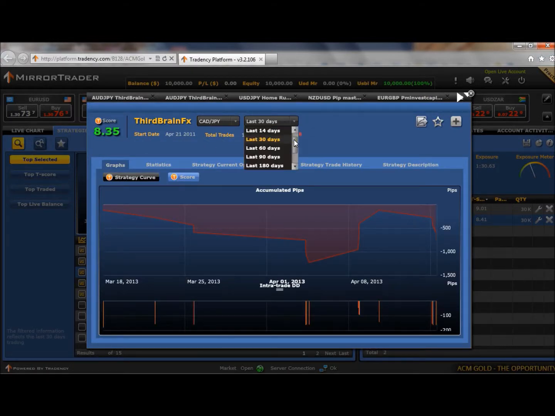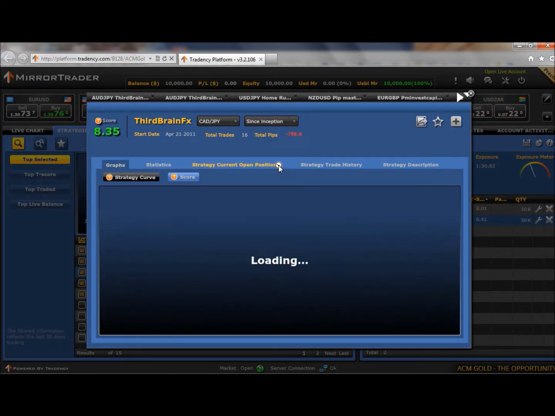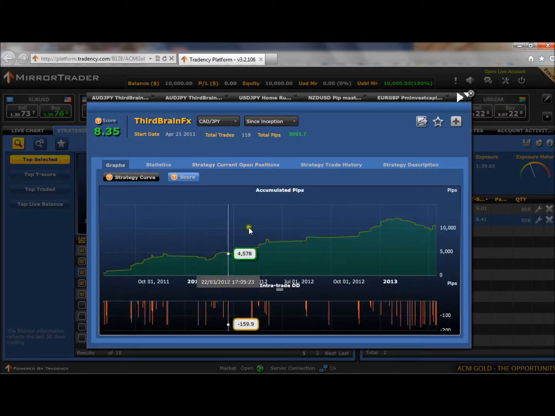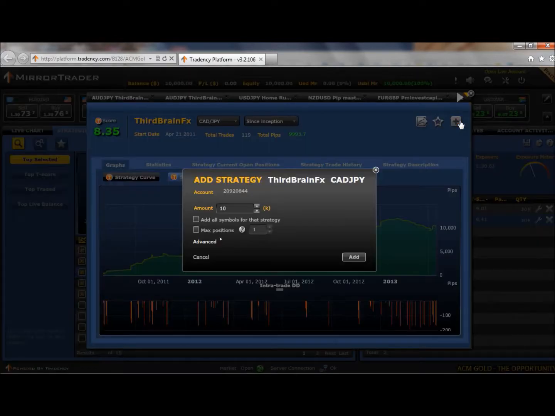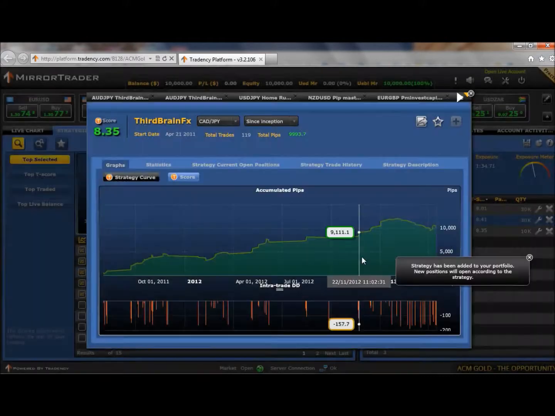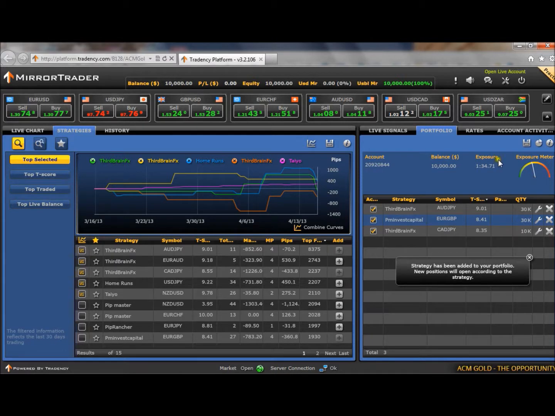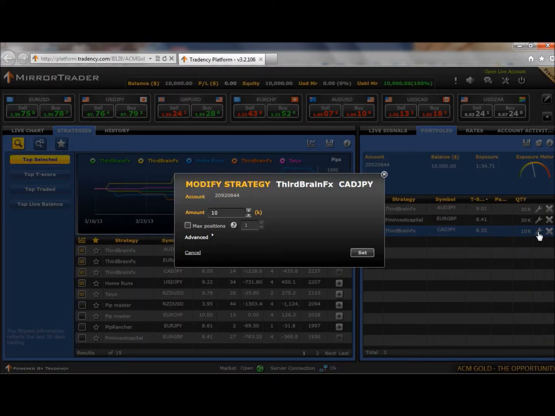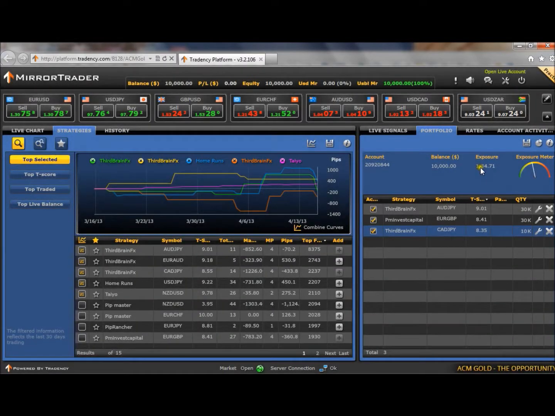Let's go to since inception. Okay, also not really, but let me just add him just to show you what happens. Okay, add and add. You'll see that is still in a comfortable range, so we can leave him there. But once you add too many traders, you will go into the red of your exposure meter. Then you either have to decrease the amounts you're trading, or you have to remove some traders.